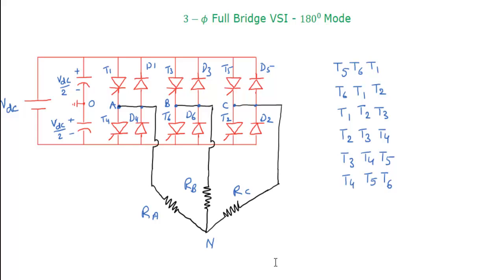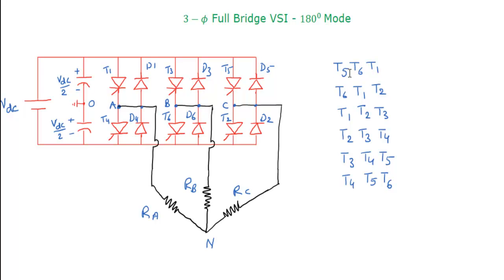In case of the 180-degree mode inverter, we will operate these thyristors in 6 combinations. Each combination has 3 thyristors, 1 from each leg. We will make sure that in these combinations, no 2 thyristors are from the same leg.